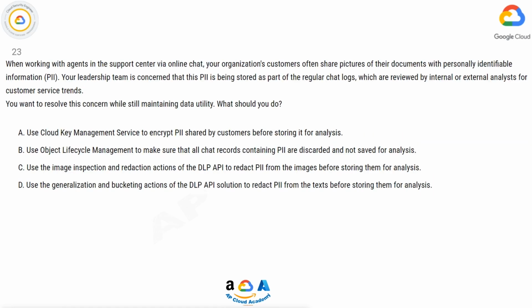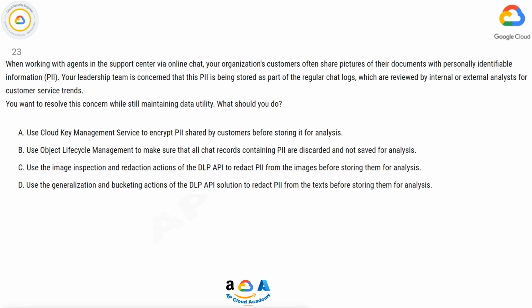23. When working with agents in the support center via online chat, your organization's customers often share pictures of their documents with personally identifiable information, PII. Your leadership team is concerned that this PII is being stored as part of the regular chat logs, which are reviewed by internal or external analysts for customer service trends. You want to resolve this concern while still maintaining data utility. What should you do? A. Use Cloud Key Management Service to encrypt PII shared by customers before storing it for analysis.